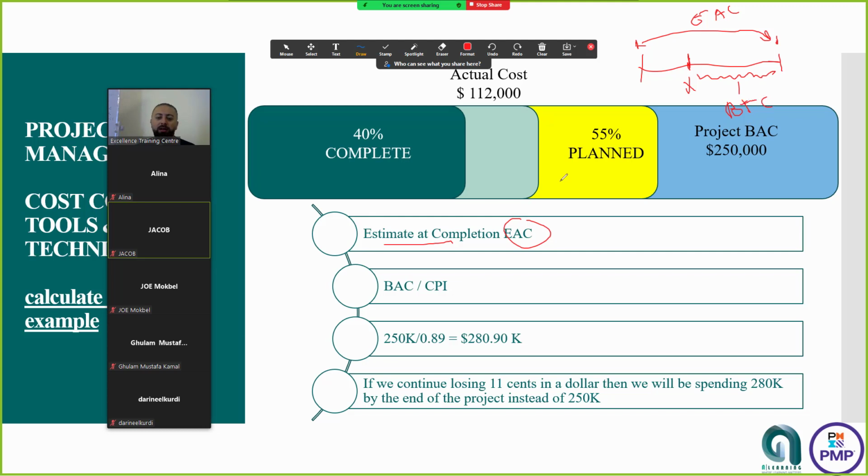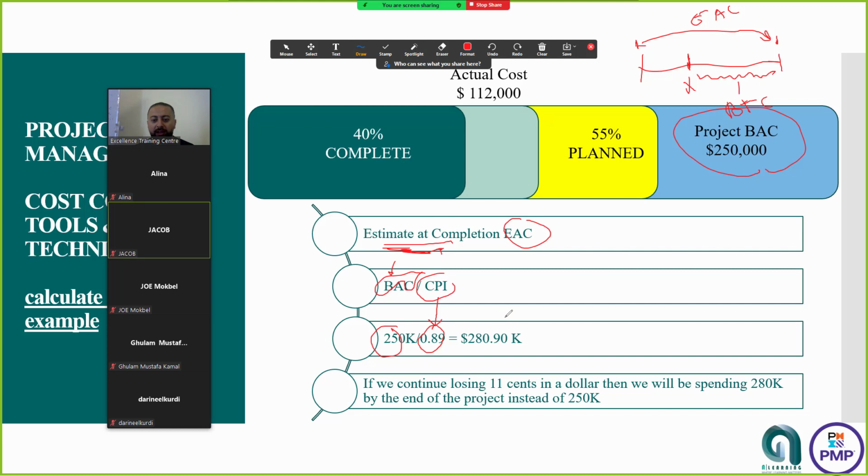Cool? Great. So we have the BAC for the estimate at completion. We know from the equation it's the BAC, which is already given, divided by the CPI. We have already calculated it very easily. I will not go into the complicated equations. So I'll have 250 divided by the CPI, which is already calculated from previous slides.